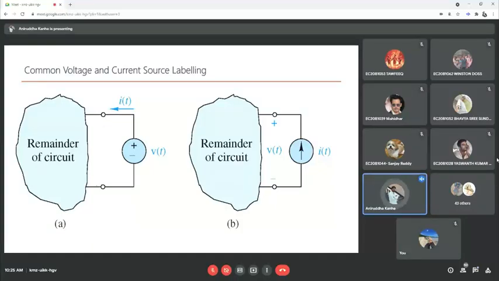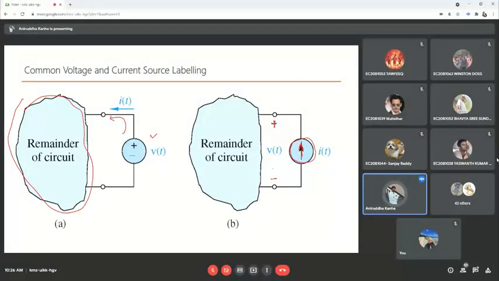And how will you label the currents and voltages? This is how the voltages and currents need to be labeled. Please understand, if an unknown circuit is there and you are connecting a voltage source to it, then you have to always consider the voltages so the current is moving outwards in this way. Similarly, if you have a circuit here and you are connecting a current source with an upward direction arrow, then you will always count the voltage drop in this way.